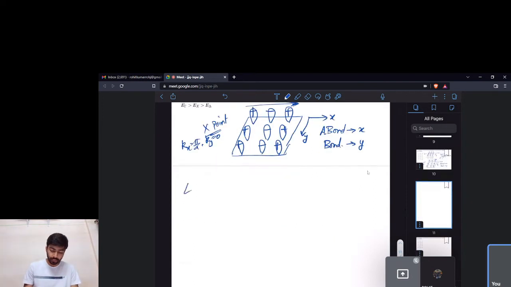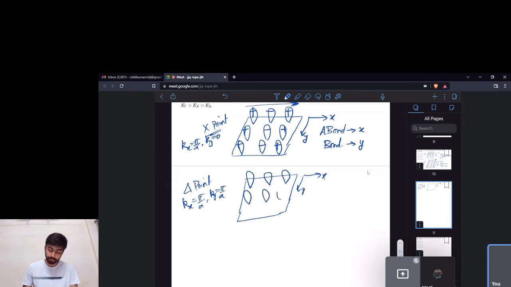At the delta point we have kx equal to pi by a and ky also equal to pi by a. In this scenario, this two-dimensional diagram would become, the pz bands are vertical and we have anti-bonding interaction in both x and y, plus minus plus minus plus minus.